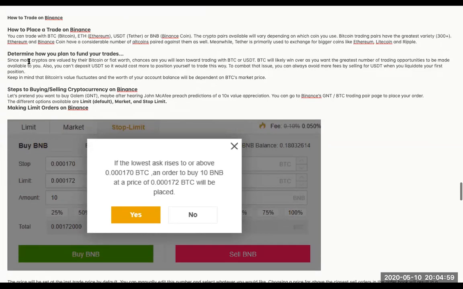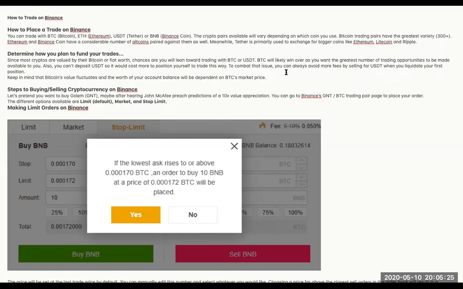Okay, so determine how you plan to fund your trades. Since most cryptos are valued by their Bitcoin or fiat worth, you will lean toward trading with BTC or USDT. Bitcoin will win over as you want the greatest number of trading opportunities to be made available to you. Also, you can deposit USDT, so it would cost more to position yourself to trade this way.